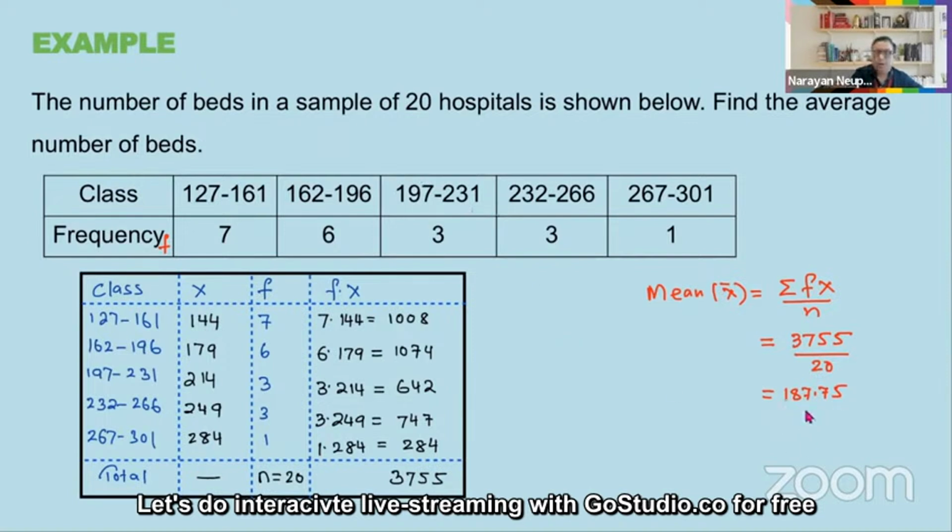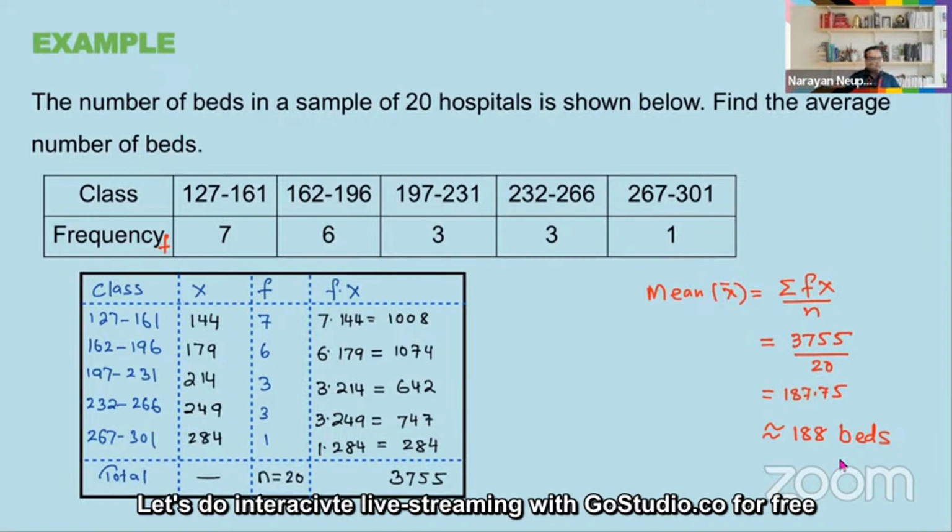We cannot write like this. 187.75, when you get something more than 187, that means they have 188. So you have to round this one. You have to be careful when you write the answer, okay? Because number of beds is a discrete quantity. A discrete quantity cannot have a decimal value. So you have to round it. 187.75 means they have 188 beds. Make sure you write the unit, 188 beds.